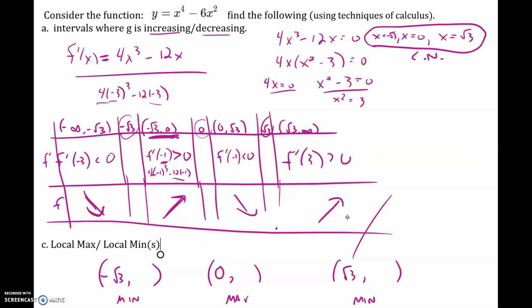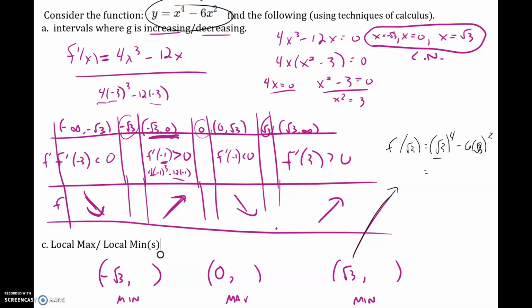So the question is, what's the value there? Let's do this one. What's the output? It's not that hard to do. f of root 3: plug into the function, not the derivative, because now we're looking for a value on the curve itself. So it's root 3 to the 4th minus 6x squared, where x is root 3.